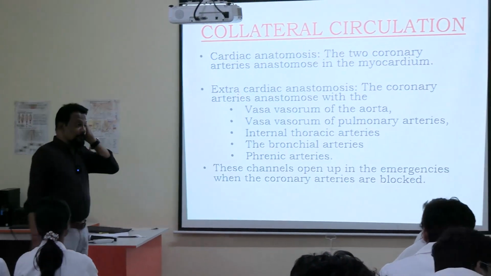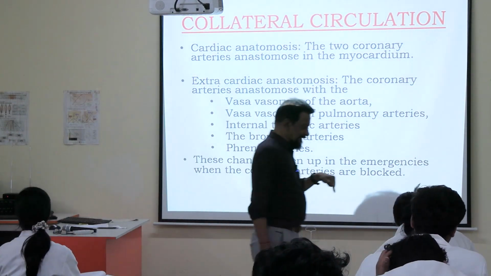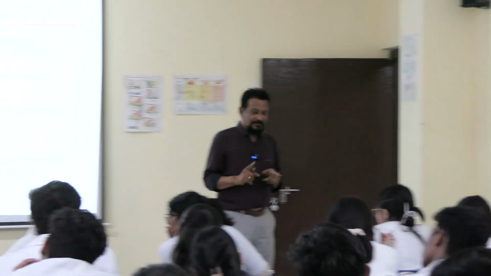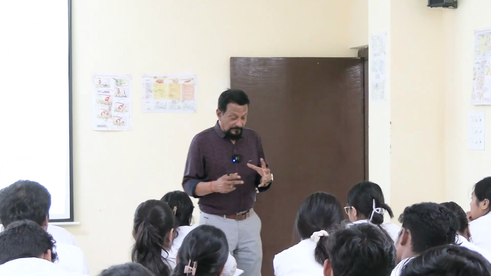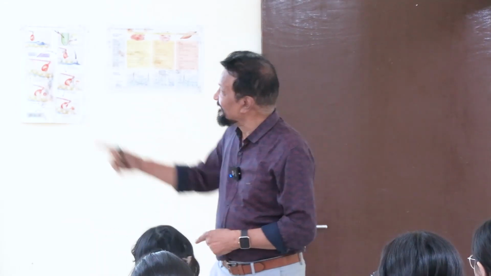See, during these collaterals, which exist in between the arteries, they are non-functional, as I said. These are from within the coronary artery, but they can have collaterals from outside the heart. Extracardiac anastomosis.